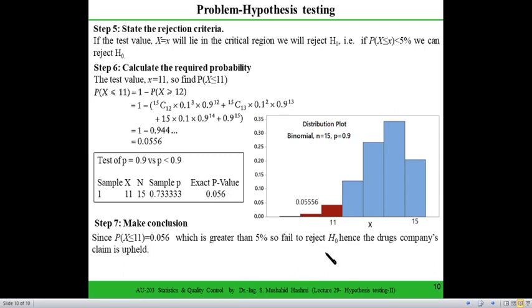It means the drug has at least a 90% success rate. So this is how we need to solve a problem related to hypothesis testing.